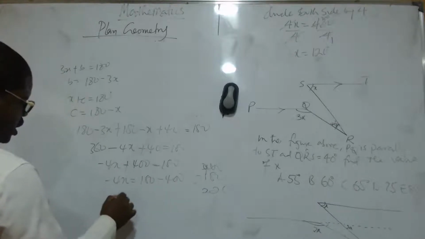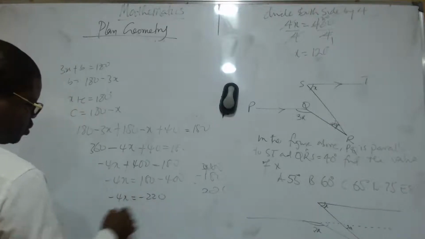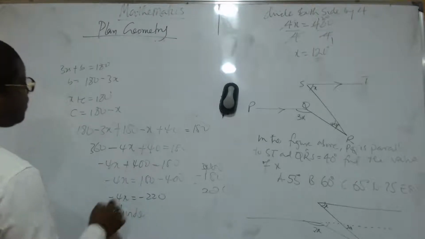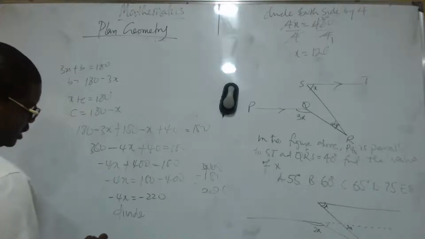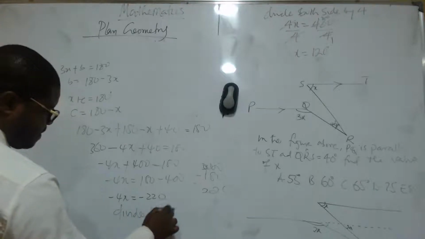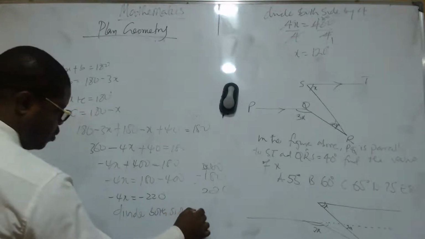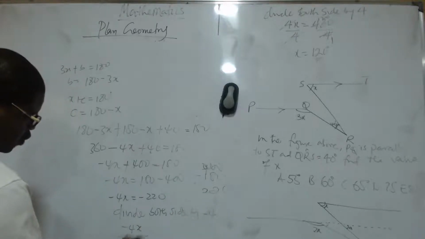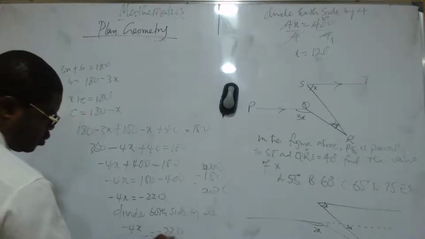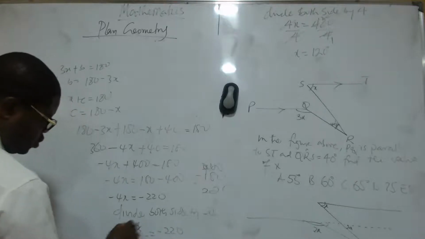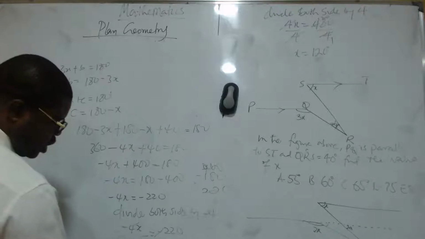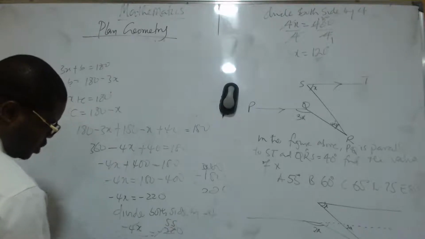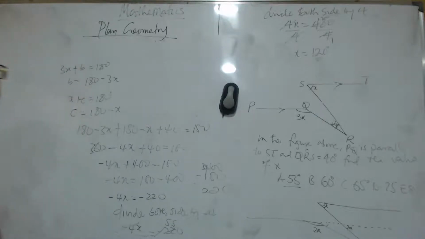So minus 4x equals minus 220. So divide both sides by minus 4. You have minus 4x over minus 4 equals minus 220 over minus 4. Minus cancels minus. 4 here 1, 4 here 5, remainder 2. 5. Therefore, our answer is A.